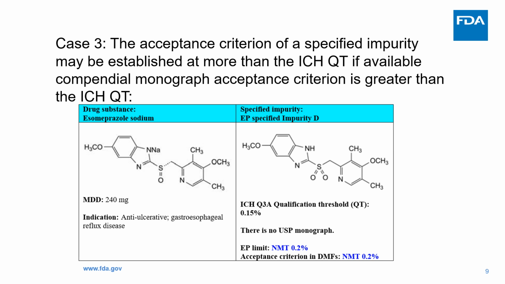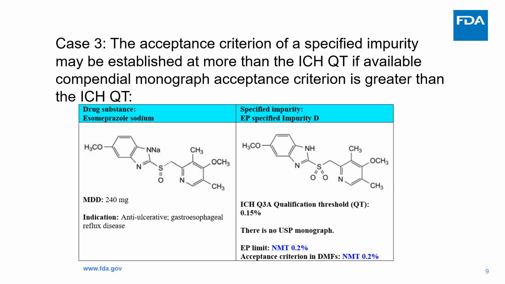Case 3. The acceptance criterion of a specified impurity may be established at more than the ICH qualification threshold if the drug substance has a USP monograph, or it doesn't have a USP monograph but has other compendial monographs, and the monograph acceptance criterion is greater than the ICH qualification threshold.